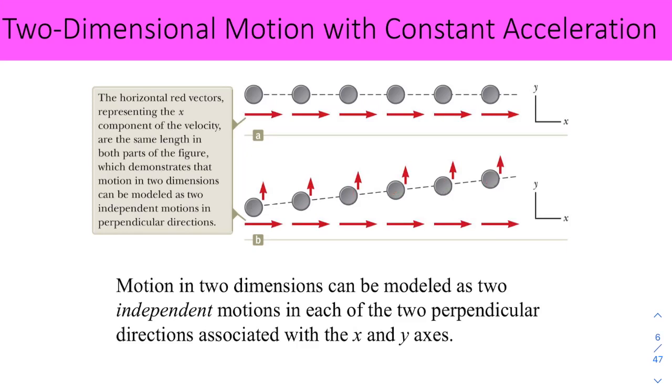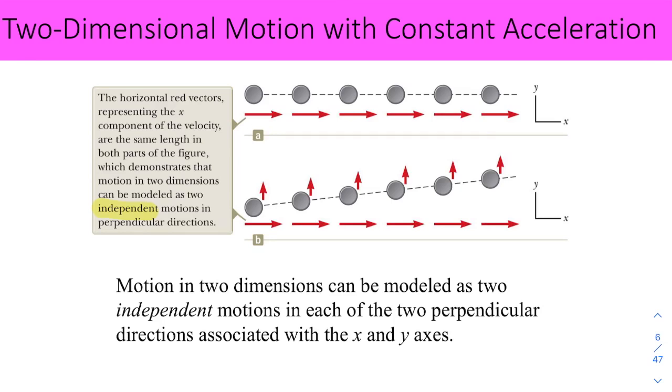So the movement upward is along the Y-axis. It does not disturb the motion along the X-axis. That is why we can say that motion in two dimensions can be modeled as two independent motions. The keyword must be independent motion in perpendicular directions.